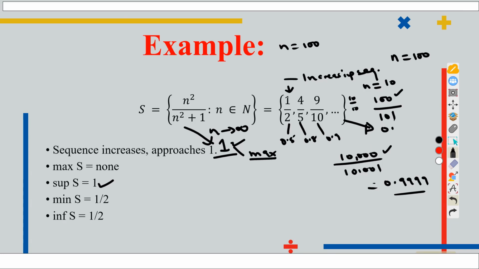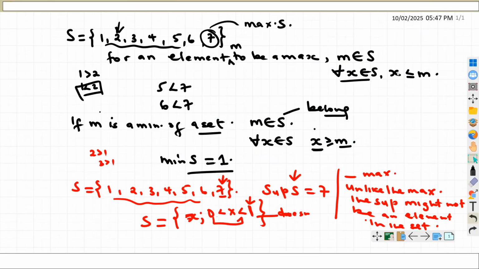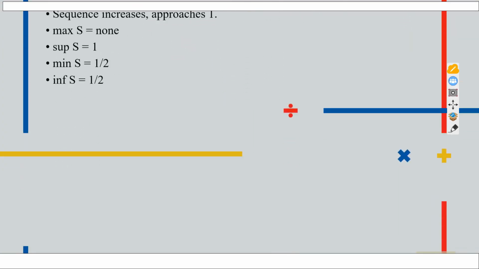Likewise, the minimum is 1 out of 2 and the infimum is also 1 out of 2, because 1 out of 2 is already an element of this set. So 1 out of 2 will qualify to be called the minimum and at the same time the infimum. So that is basically about the infimum, minimum, maximum, and the supremum.